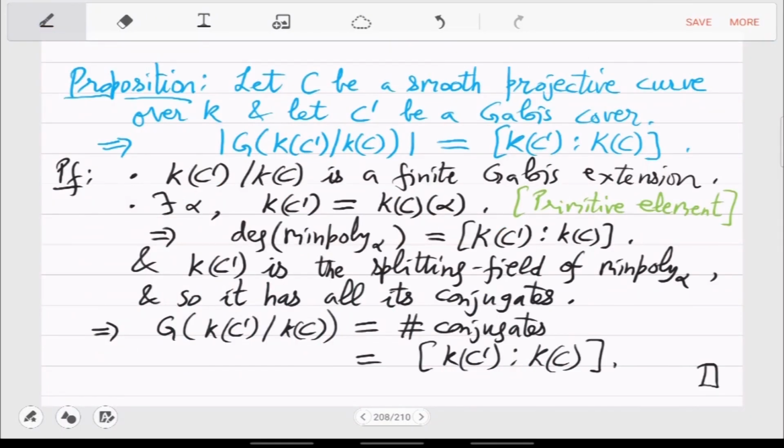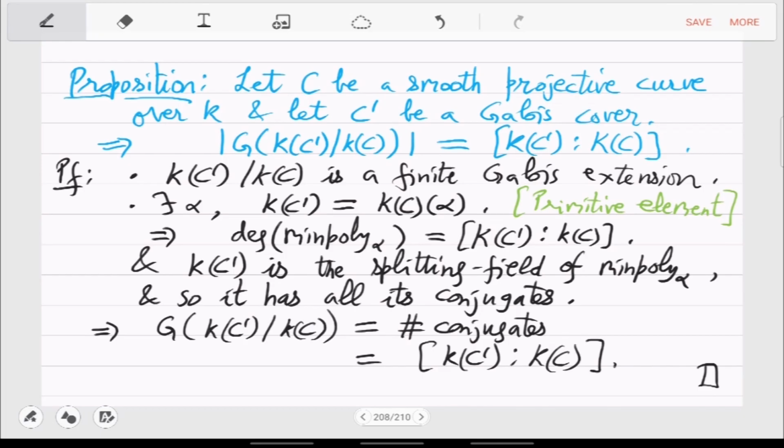The other, so it basically reduces to the Galois properties of field extensions which are of finite degree. So the degree of Kc prime over Kc is equal to the Galois group of this finite Galois extension.